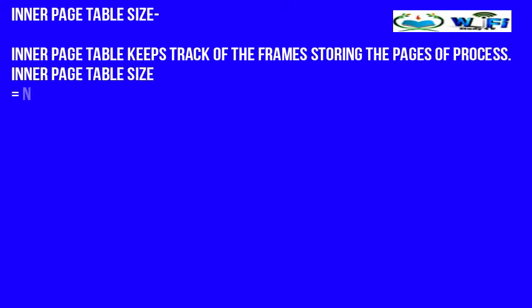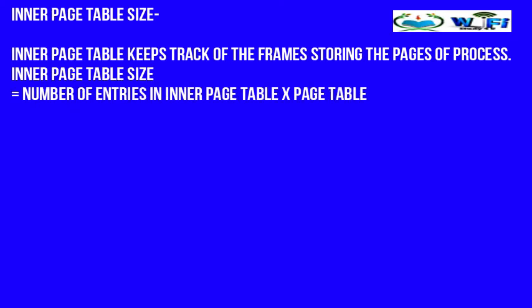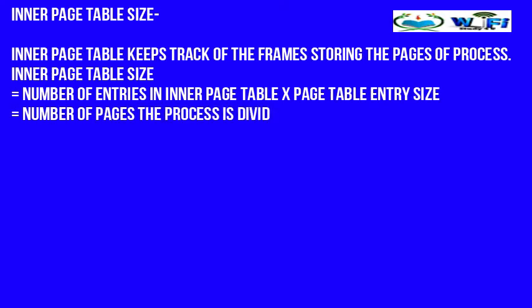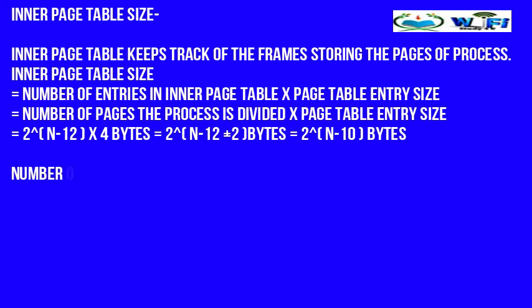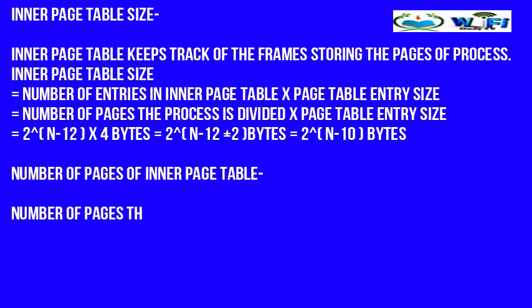Inner page table size: the inner page table keeps track of the frames storing the pages of the process. Inner page table size equals the number of entries in the inner page table times the page table entry size. We know that the number of entries in the inner page table equals the number of pages the process is divided into, times the page table entry size. It means 2 to the power n minus 12 times 4 byte equals 2 to the power n minus 12 plus 2 byte, equals 2 to the power n minus 10 byte.